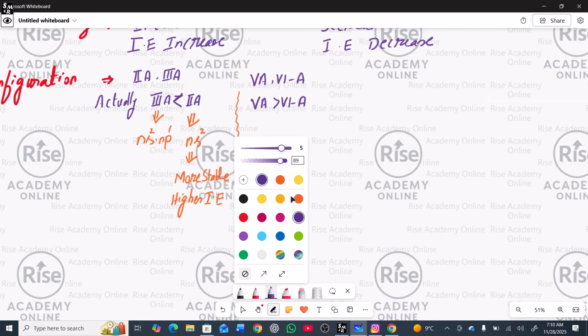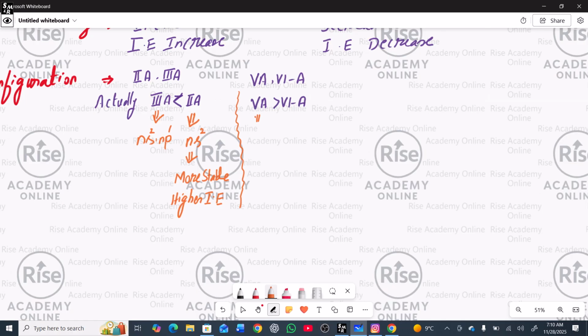Again, going to the reason, 5A has a half filled valence subshell as compared to group 6. This half filled stable subshell causes it to have higher ionization energy than 6A.